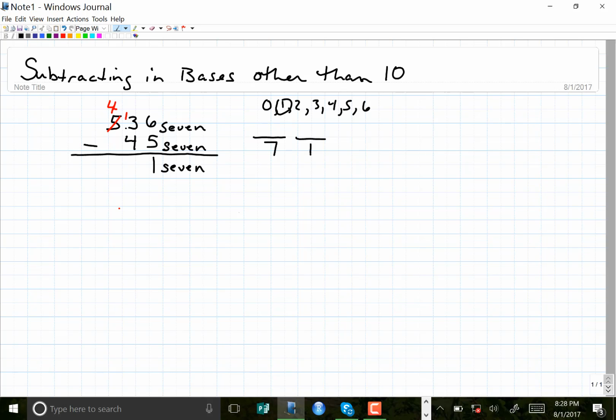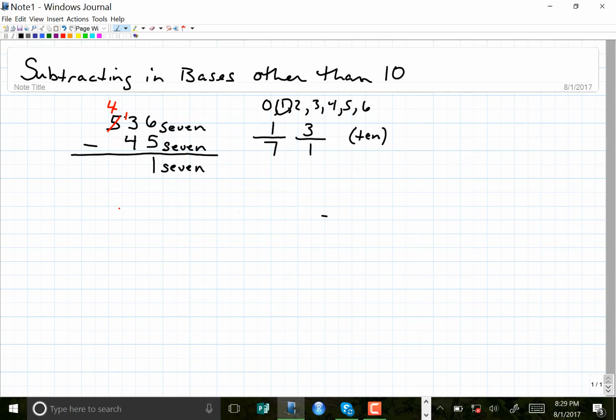We see what looks to our eyes like a 13, but remember that's not a 13 because we are in base 7. It's 1 seven and 3 ones, which is actually the number 10. So the numerals 1 3 represent the number 10.